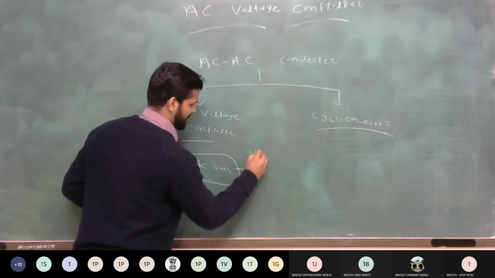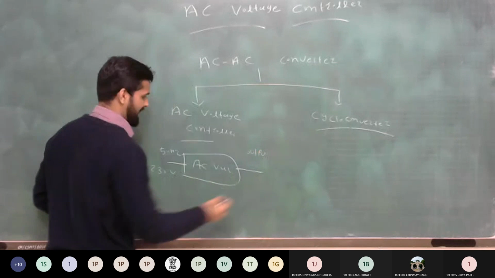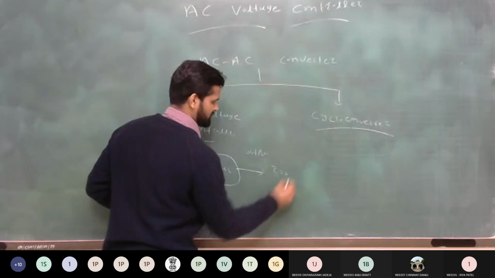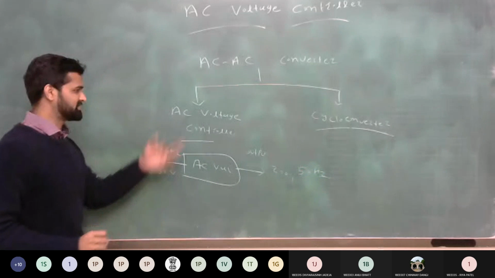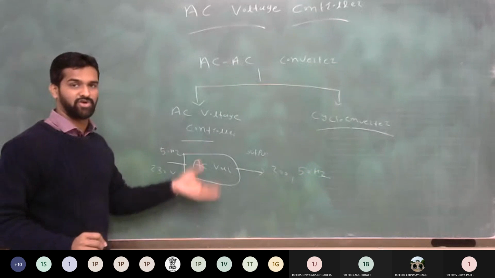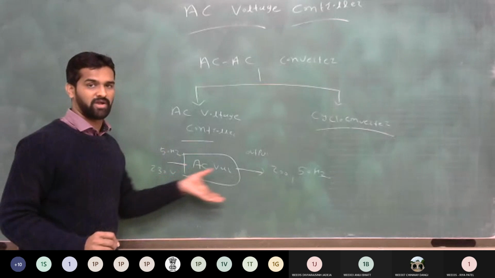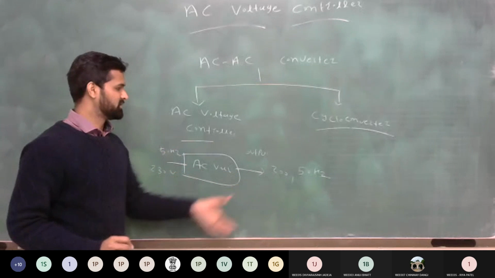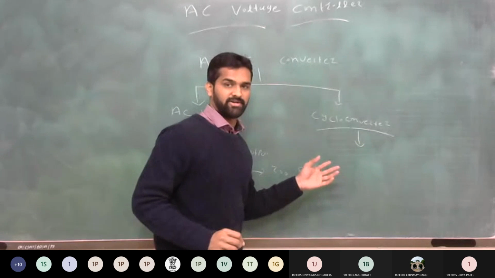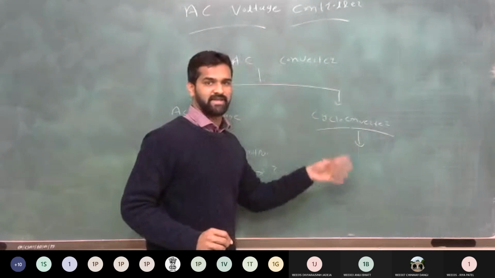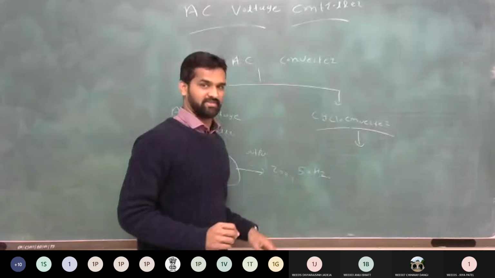At the output side, you may get 200 volt, but of the same frequency, 50 Hz. It means this AC voltage controller just changes the magnitude of the input voltage at the output side. Clear? Whereas the cyclo converter controls the output voltage as well as the frequency.